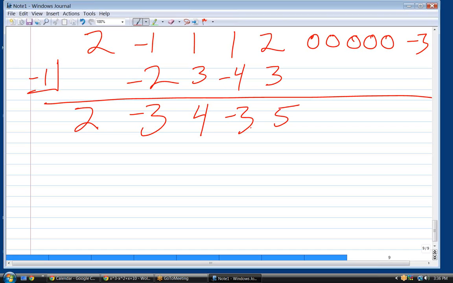No, I shifted my thing over a little bit. Okay, so it was 2, 3, 5. Okay, now what goes here? -5, -5, -5, -5. I was wrong. It doesn't.